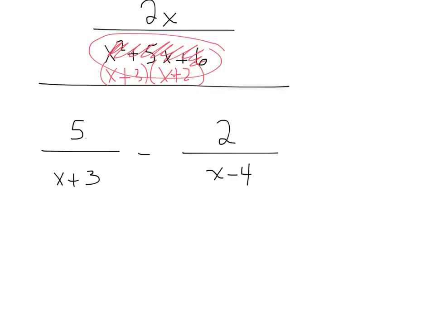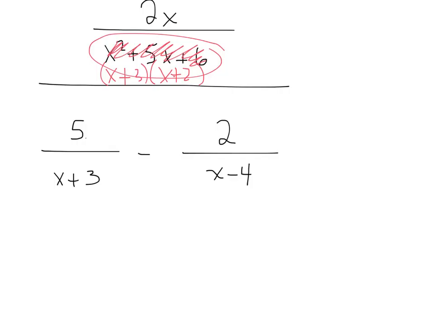They're already done. Now, how many different factors do I have in these denominators? How many different ones? 3. x plus 3, x plus 2, x minus 4. The x plus 3 repeats itself. Great, but it doesn't really mean anything. So that means I need to multiply both the top and bottom by the overall LCD, which is the product of all the factors. Remember, the LCD is the product of all the factors.